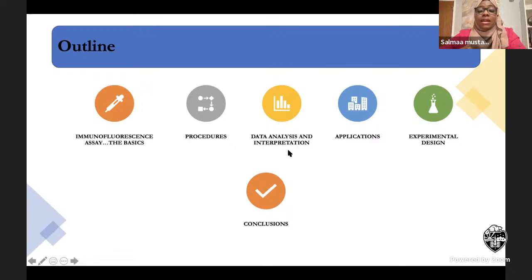And after that, I will talk about the possible ways that you can analyze your data through qualification of the signals and quantification. The several applications that you can use IFA for, and particularly I'm going to be talking about one of the papers that we published using this protocol in virology research. I'll let you know the experimental design, how we came about the methods, results, and then conclusions.